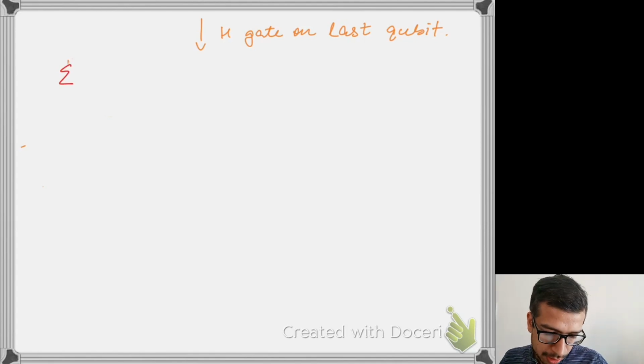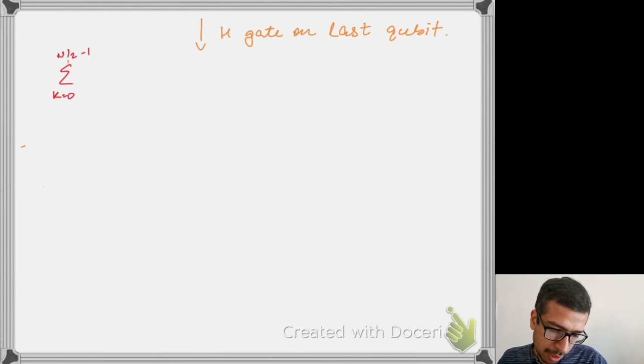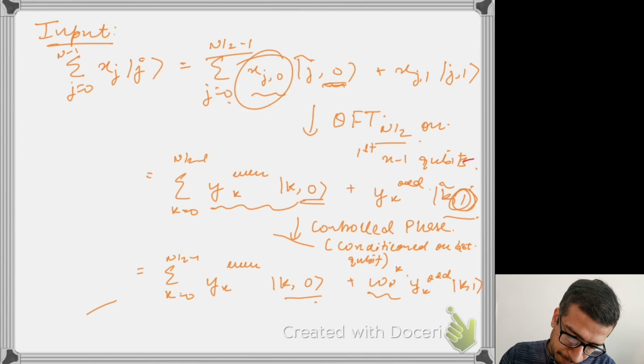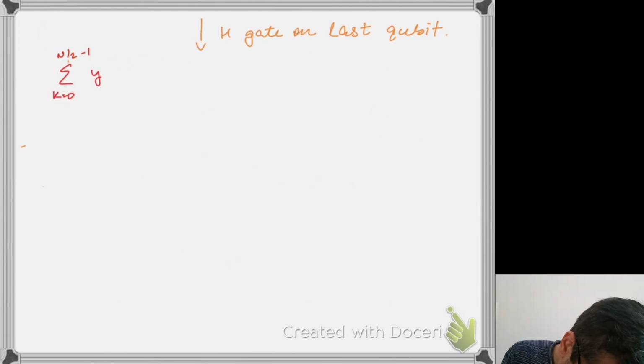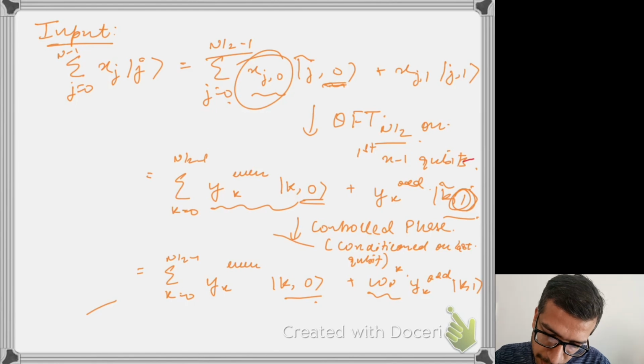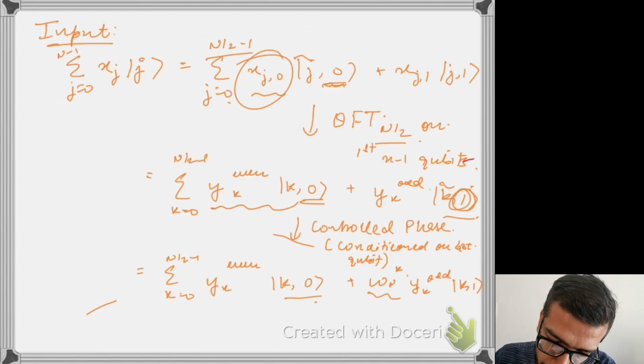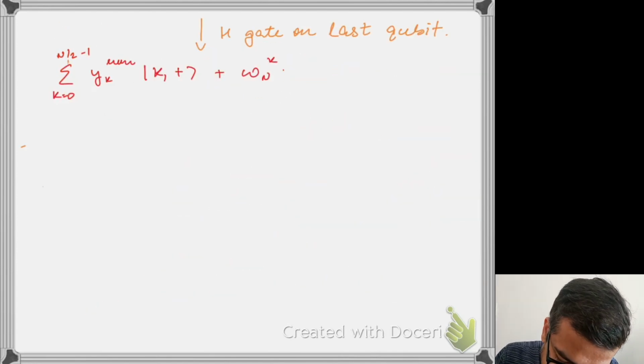What I have over here is the sum over k from 0 up to capital N by 2 minus 1 of yk even ket k plus omega n to the power k yk odd ket k minus.